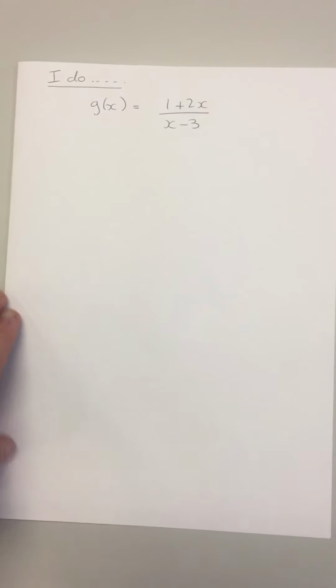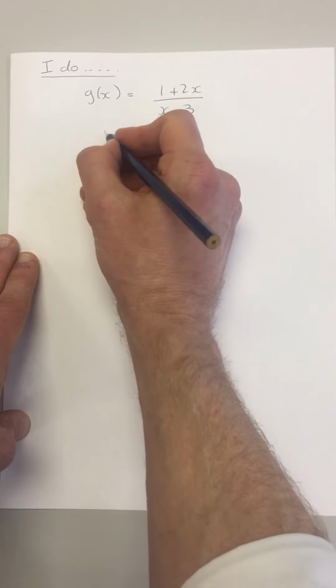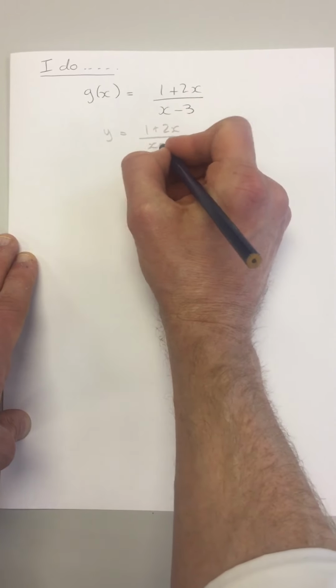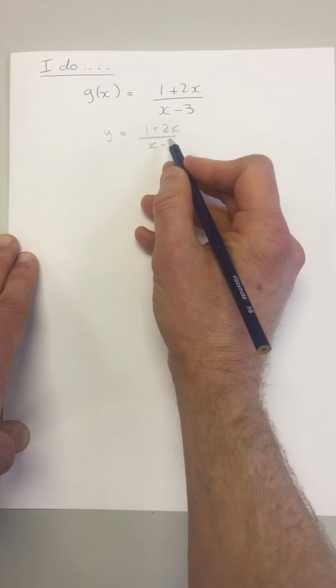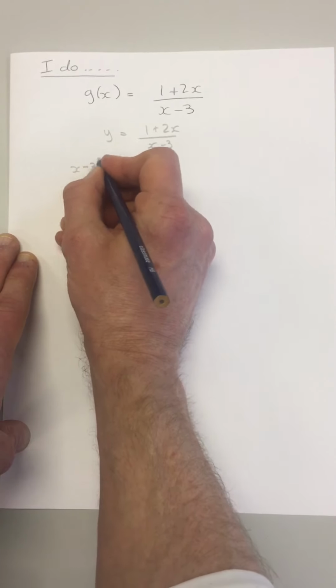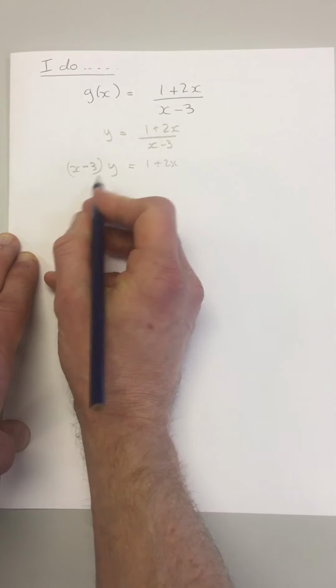Here's another example I'm going to do. So first things first, I'm going to replace the g of x with a y. I am now going to rearrange to make x a subject, so move the x minus 3 up to the other side. Expand the brackets.